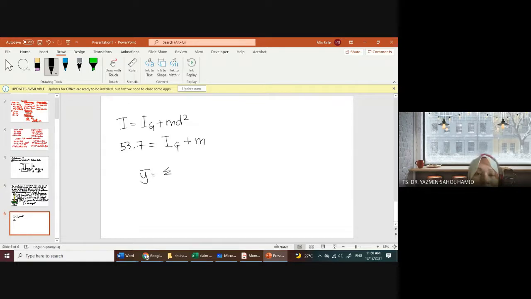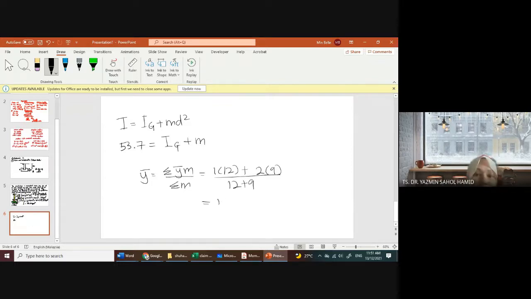Ingat tak formula Y bar? So, Y bar untuk rod yang pertama, Y bar dia 1, mass dia 12. Untuk rod kedua, Y bar dia 2, mass dia 9. And then jumlah mass dia 12 campur 9.